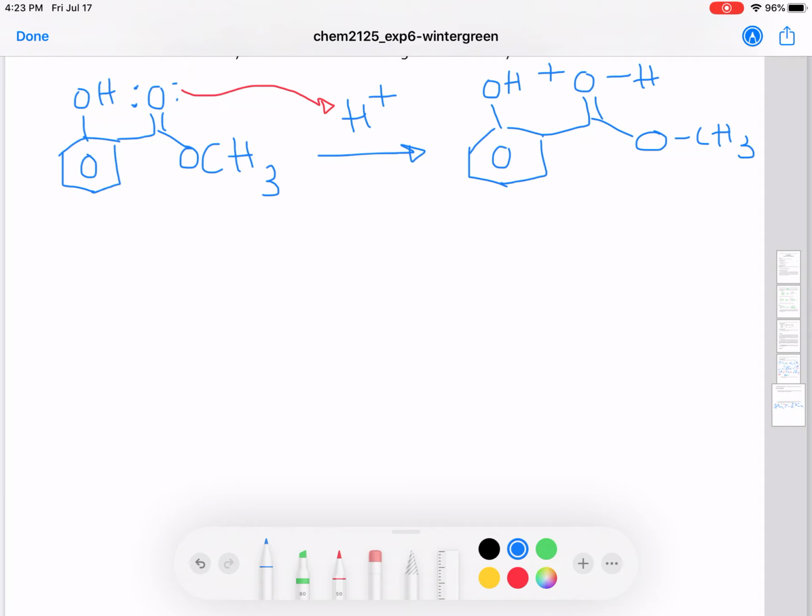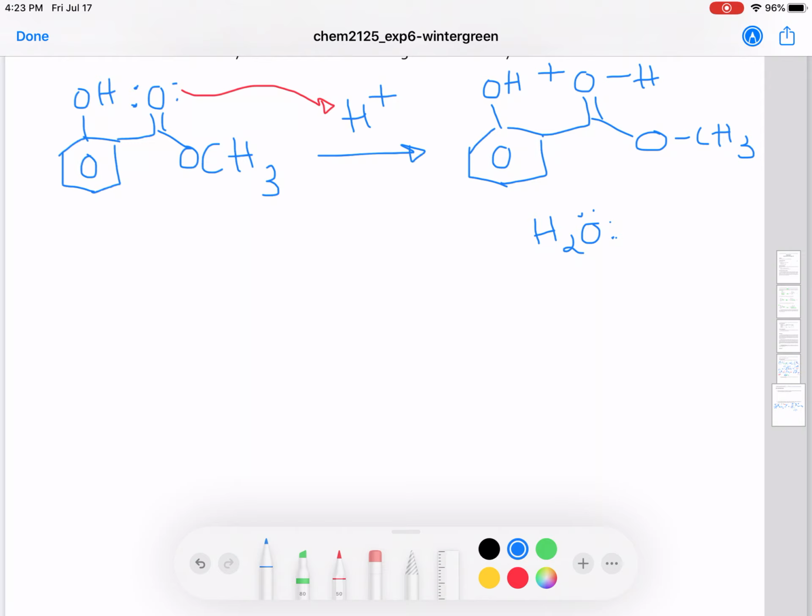So the next step, so when you say we have an acid, there are plenty of water molecules. So what's going to happen is now we have an activated carbonyl group. So the water molecule, if the carbonyl oxygen is not protonated, water is not a good nucleophile to attack.